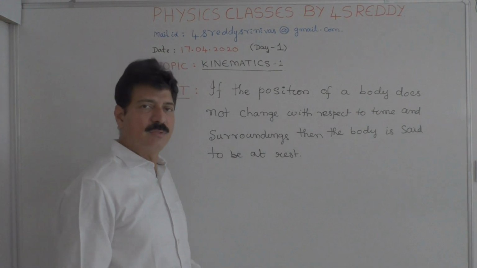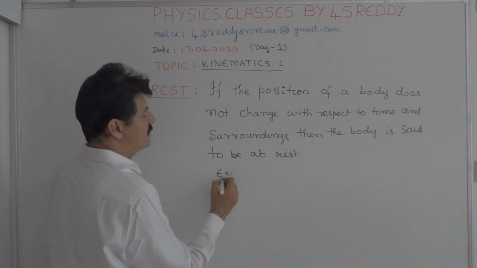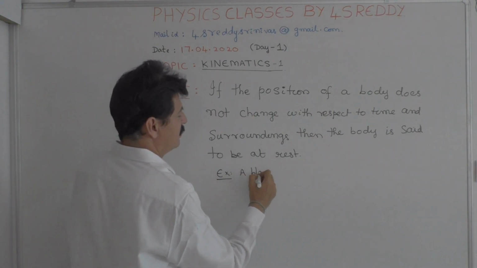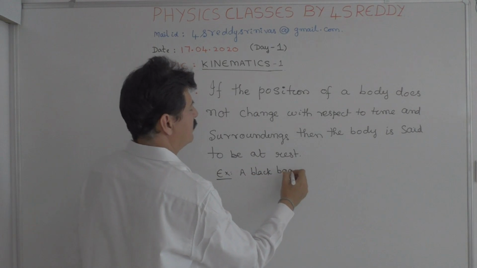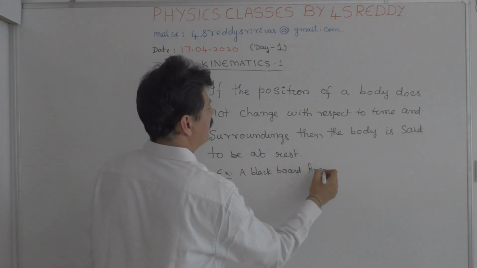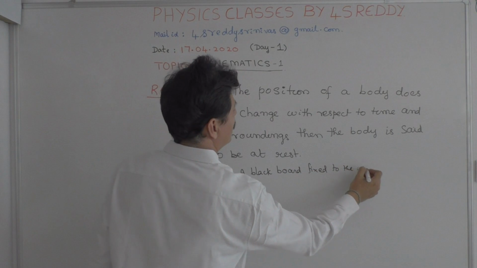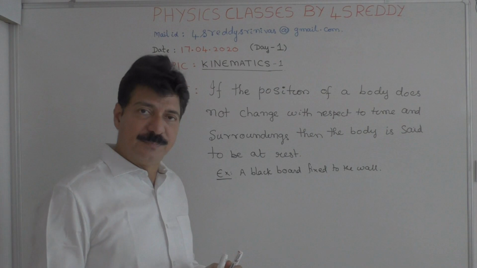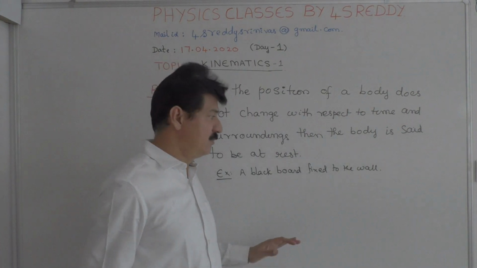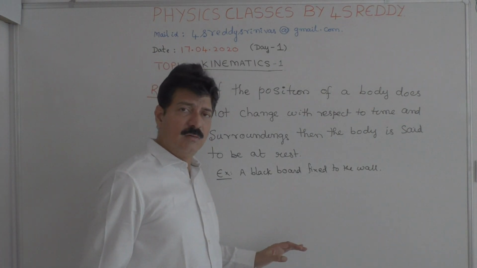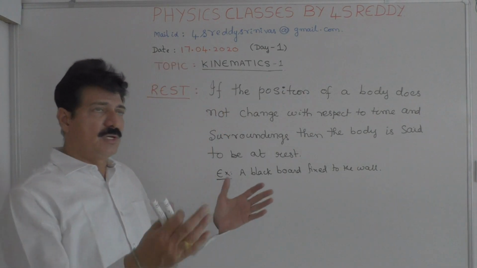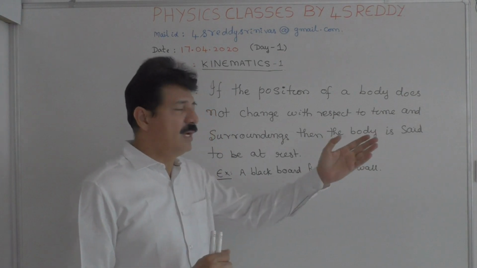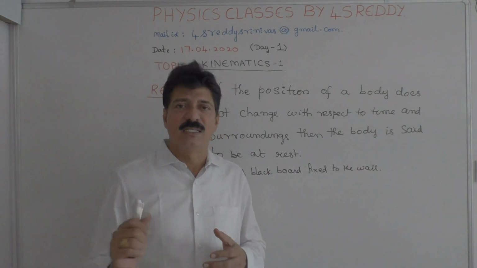So, can you give an example? It's very simple. Let us say a book on the table, or otherwise a blackboard fixed to the wall. If you consider this board, and you consider the room as the reference frame, then from one wall it is at a distance of 10 meters, from the other wall it is at a distance of 4 meters.